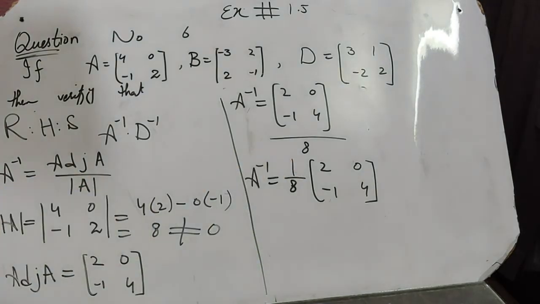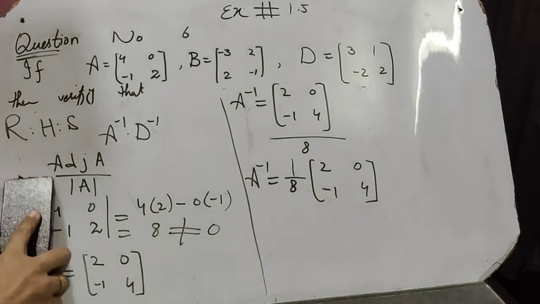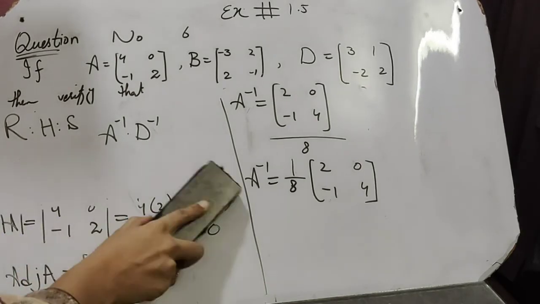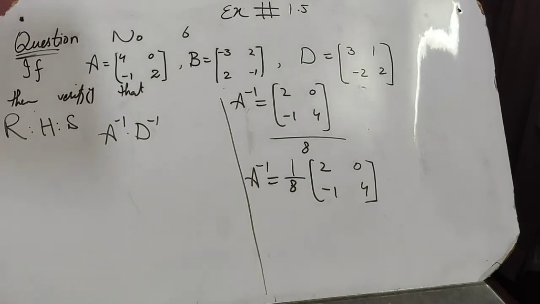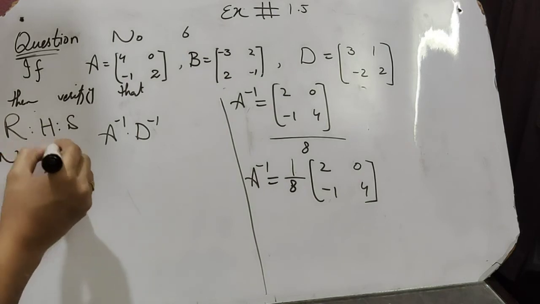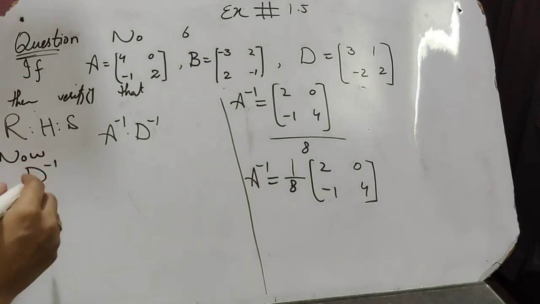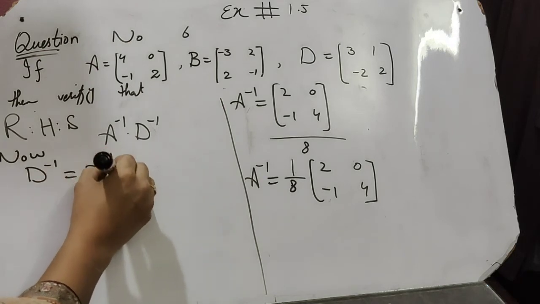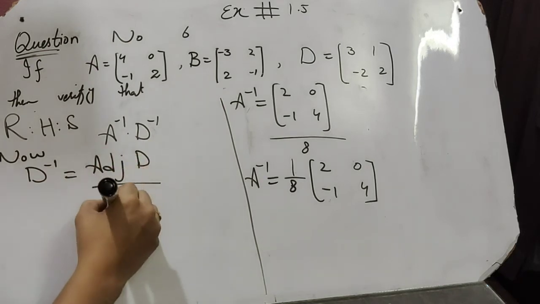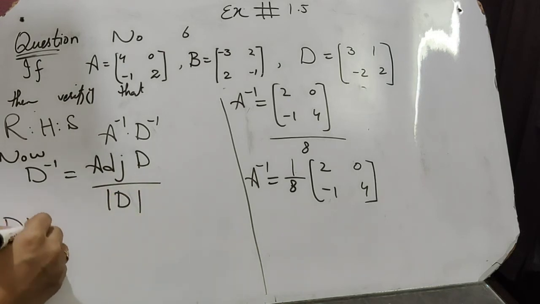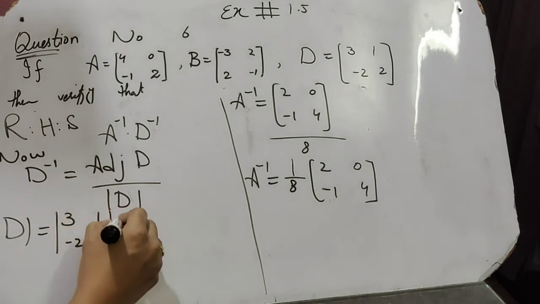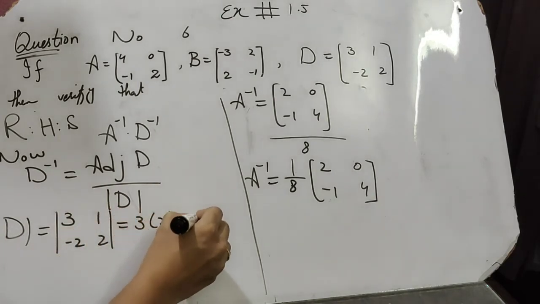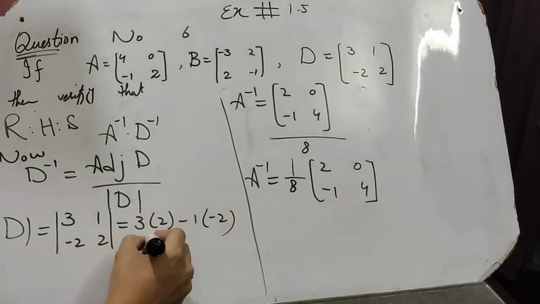Now we find the answer of D inverse. We will get, now we solve D inverse. So D inverse will be equal to adjoint of D over determinant of D. First we find the determinant of D. So it will be equal to the determinant of [3, 1; -2, 2], which is equal to 3 into 2 minus 1 into -2, which is equal to 6 plus 2, which is equal to 8.